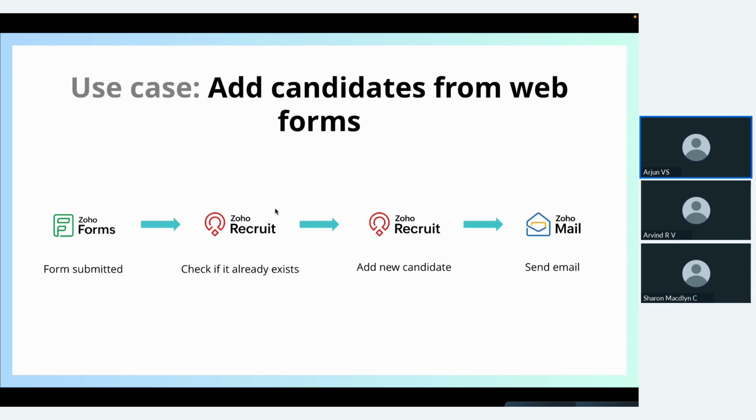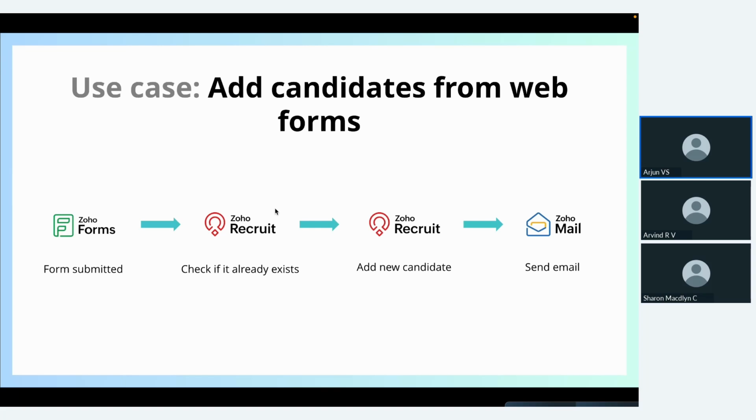Now, you would want the data that you have collected in forms to be automatically added in Zoho Recruit as a new candidate. But you don't want to create duplicates, right? So we'll see how we'll do that. And finally, you will also want to send a confirmation to that particular candidate that the application has been submitted and has been received by the team, and that we'll look into it and we'll reply if we are interested.